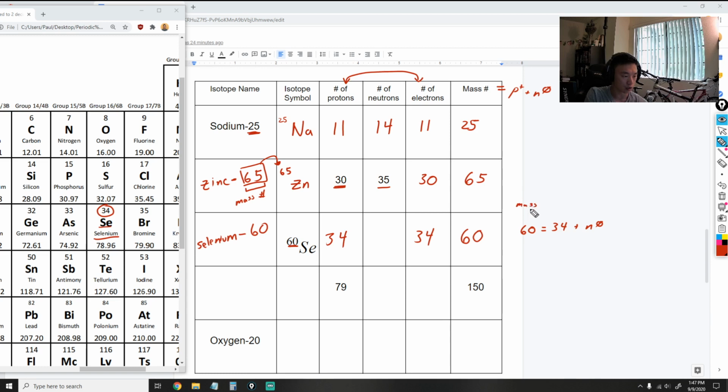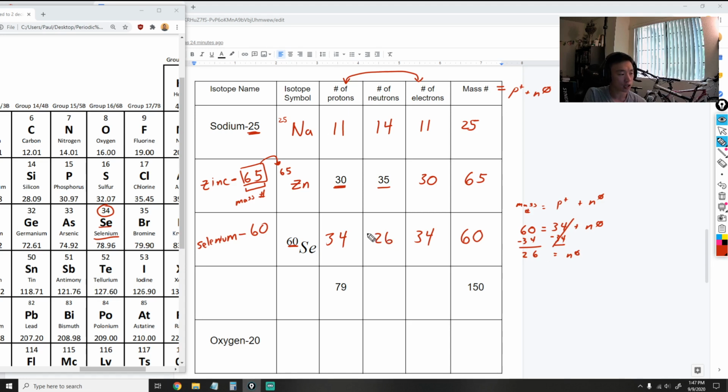Since we're looking for neutrons, we're just going to subtract 34 on both sides. These are going to cancel out, and then you should get 26. So the number of neutrons is going to be 26.